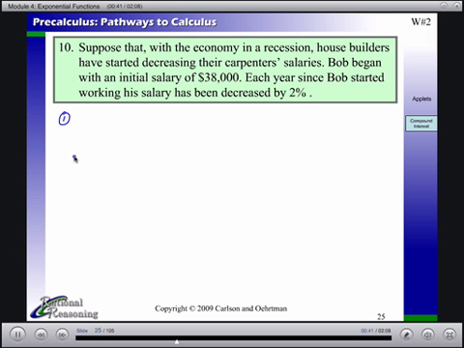Okay. So some people are just thankful they have a job, right? This is not a great situation, but sometimes times are tough. So what's the 1 year decay factor and percent change?